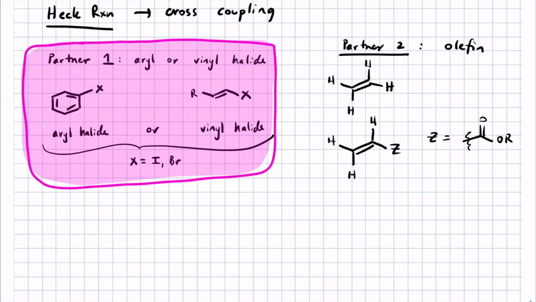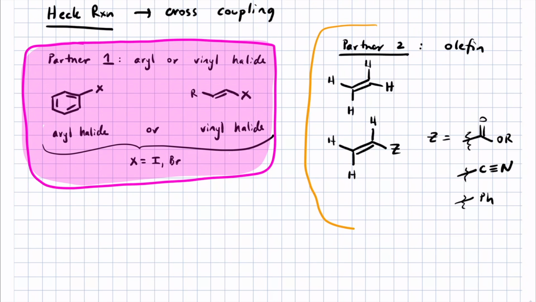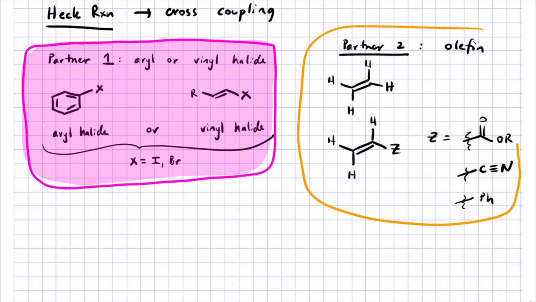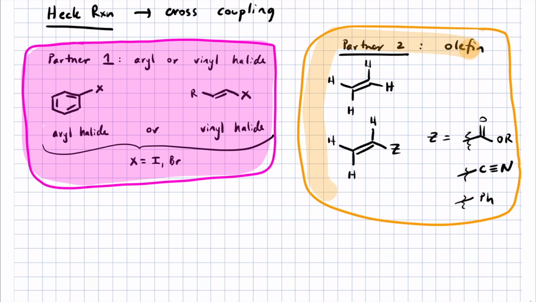So this could be an ester, this could be a nitrile, it could even be a benzene ring. All right, so that's the other portion, the other partner in our reaction process.